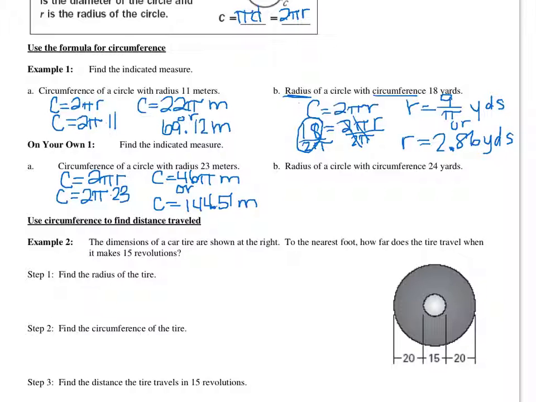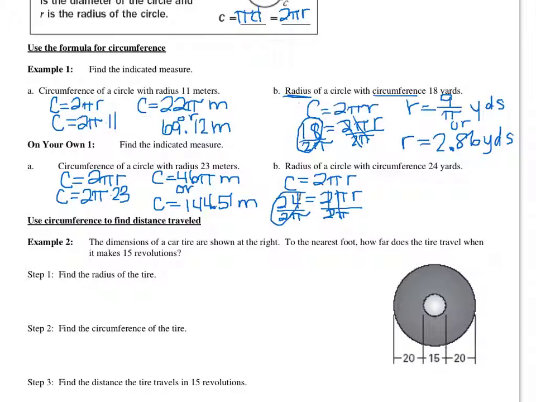And then the next one, the radius of a circle with a circumference of 24 yards. It'd be a good idea again to pause this one, try this one. So we're going to use C equals 2 pi r. So my circumference is 24 equals 2 pi times my radius. I want to get radius alone, so I'm going to divide both sides by 2 pi. So those cancel out.